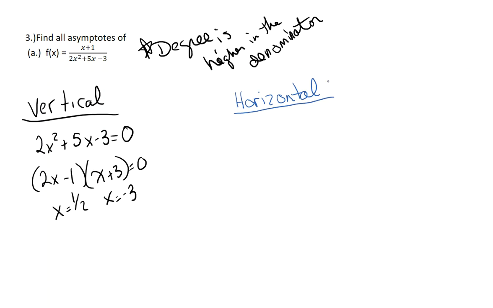But how would you calculate this? This gets a little bit trickier. To find the horizontal asymptotes, you're going to divide each term by the greatest degree, or power of x.